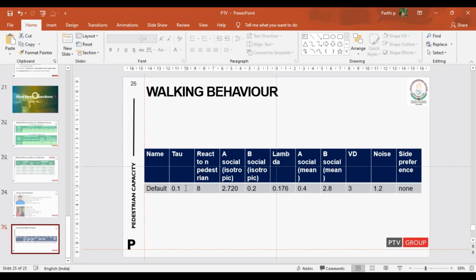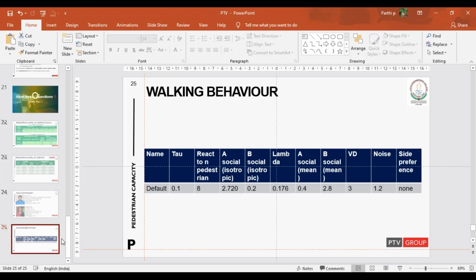Tau is 0.1, and the social force is 2.720, and the B social force is 0.2. Lambda is 0.76, and these are the parameters I got from the PTV web series only. Mr. Toibo taught that these are the parameters for the social force model. Based on that, I simulated.